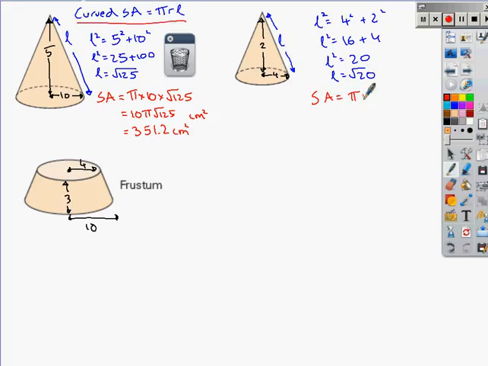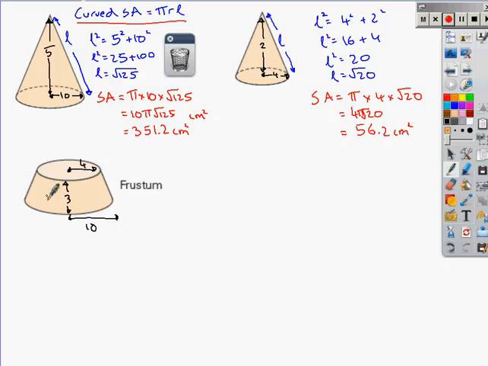So it's pi times r, that's 4, times L, which is the square root of 20. Neaten up again, you get 4 pi root 20, or evaluate it as a decimal number, and we get 56.2 centimetres squared.